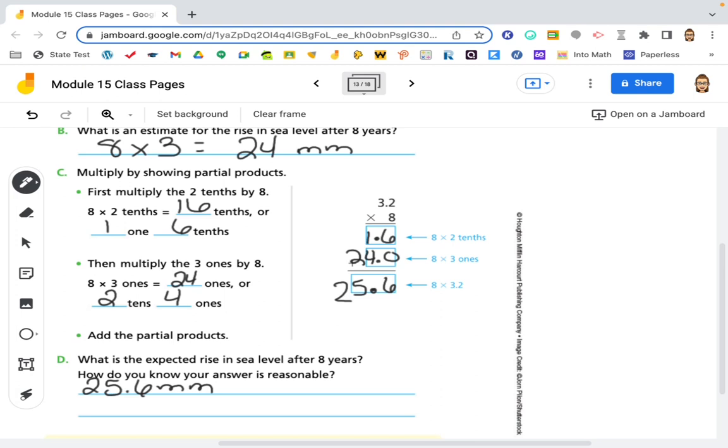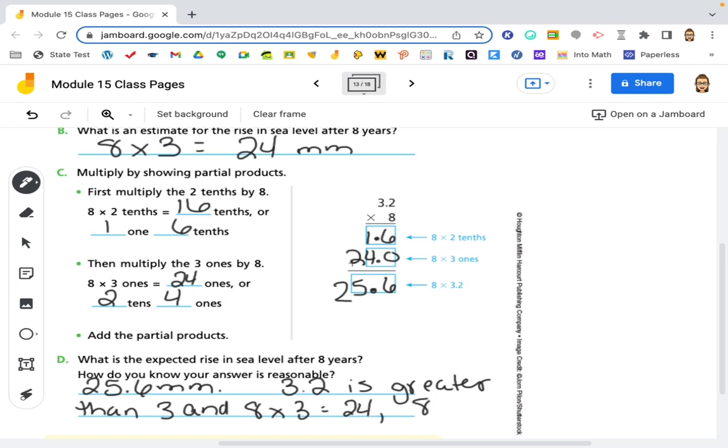That says, how do you know your answer is reasonable? So 3 and 2/10 is greater than 3. And 8 times 3 equals 24.